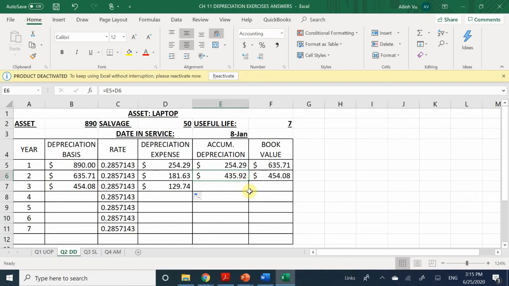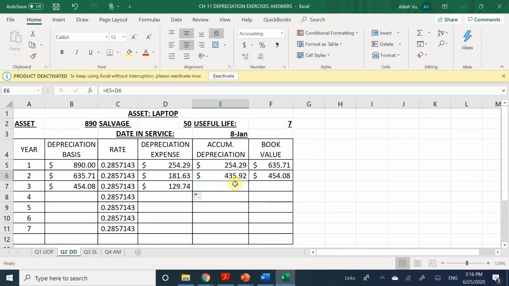Where did you get 9? It should be 6. Your ending number should be 6. Yeah, you're off by the same amount as last time, David. But I got 565.66. 254.29 plus 181.63. Not 29, David. It's 92.